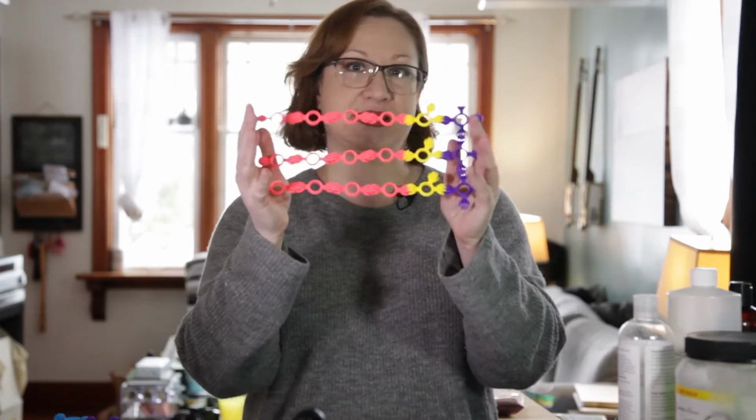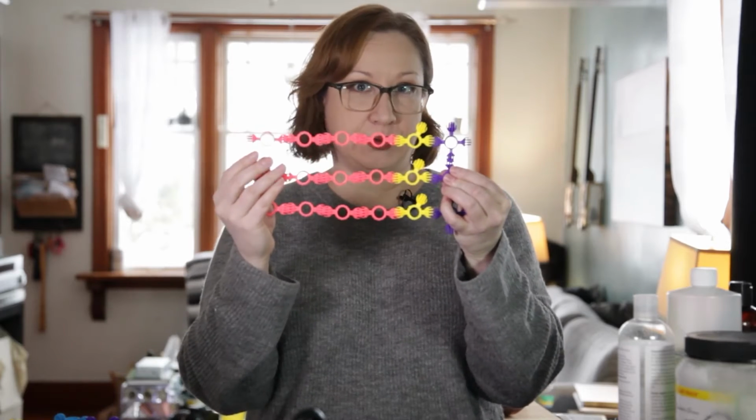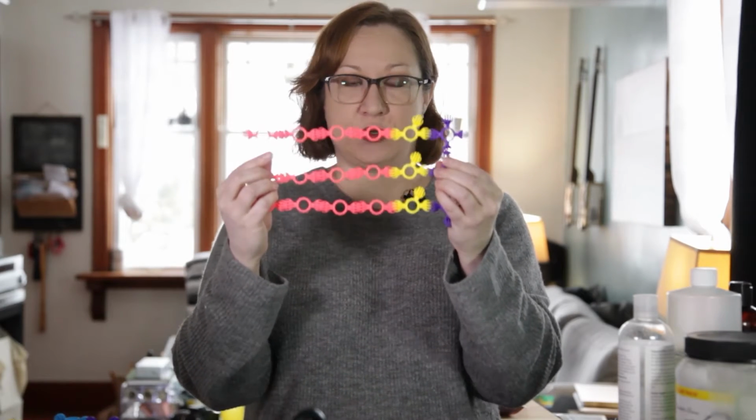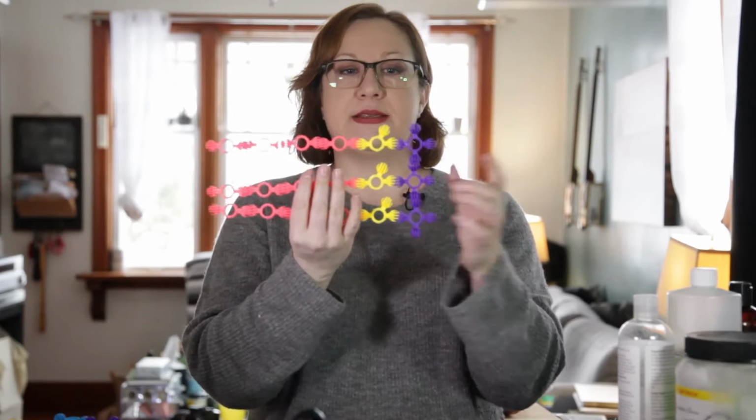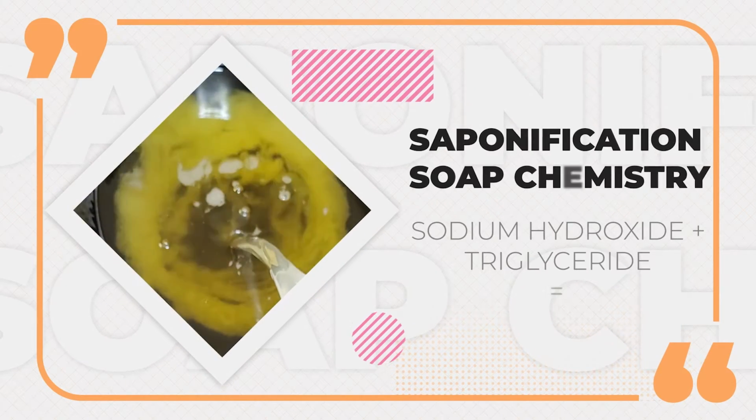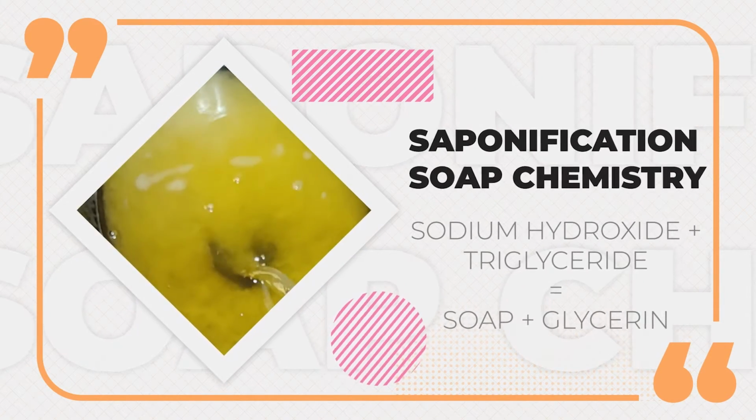This is a typical oil molecule that will be turned into soap. These are the long chain fatty acids right here, and this is glycerol. The process of making soap is called saponification, and the first step is to dissolve lye in water.